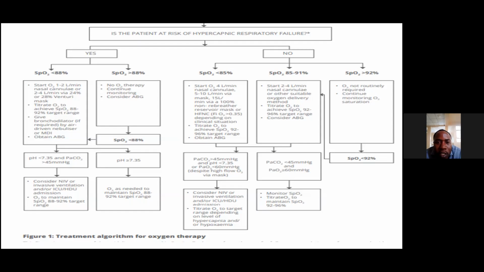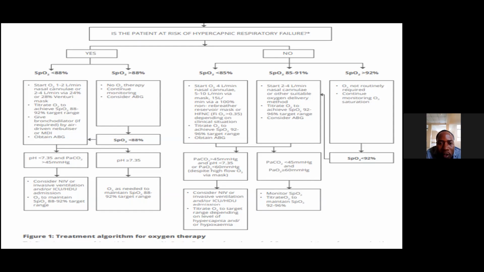If your patient is not at risk of hypercapnic respiratory failure and their SpO2 is above 92, you don't need to do anything. If they are desaturating below 85%, you start oxygen therapy using nasal cannula, and if you are not reaching your goals, you use a facial mask.